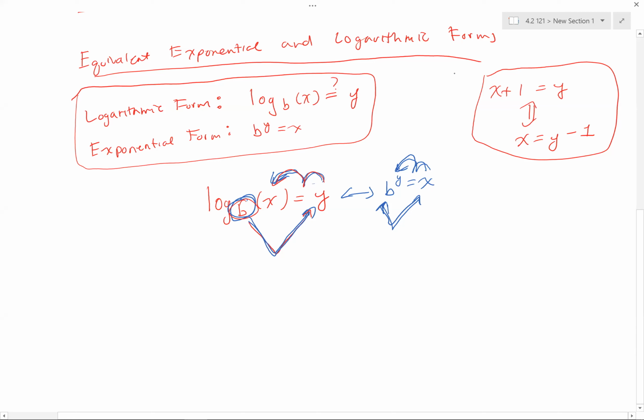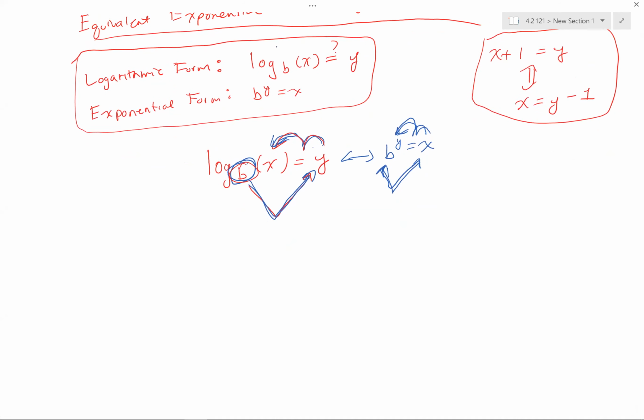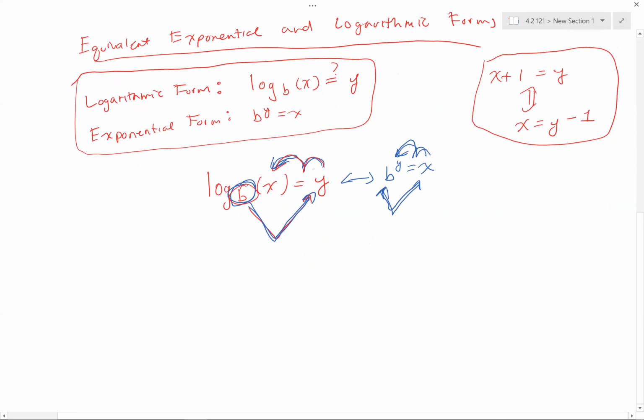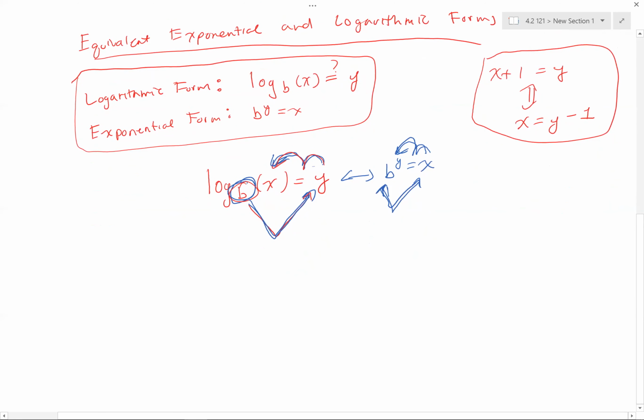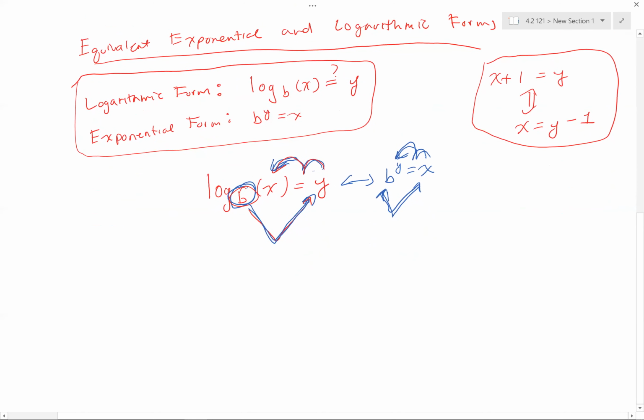Now, before we get to the actual examples on the 4.2 handout, there's a couple of important logarithms, just like with exponentials. I mentioned e to the x is an important exponential function. There's a couple of important logarithms to know. There are two functions.